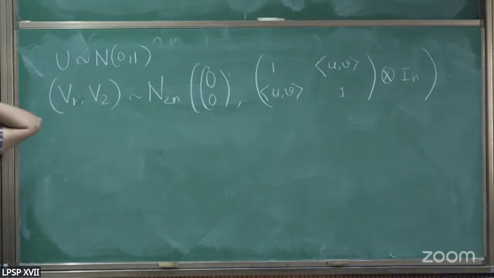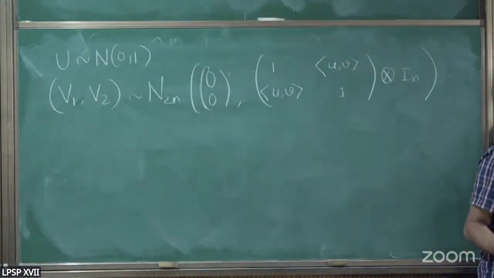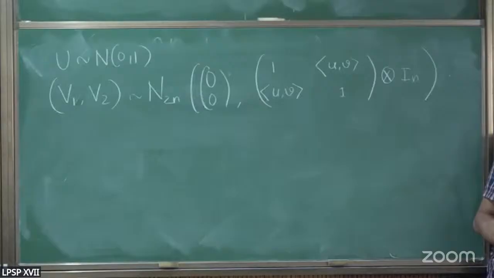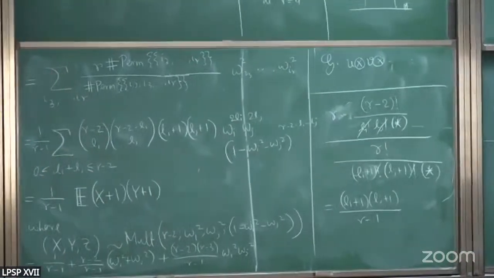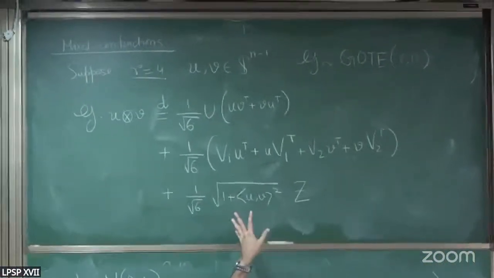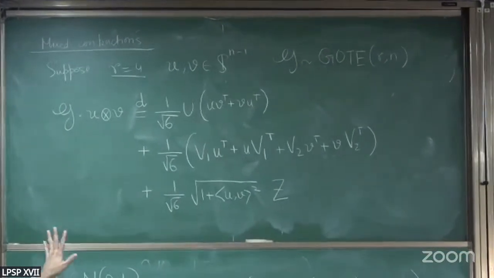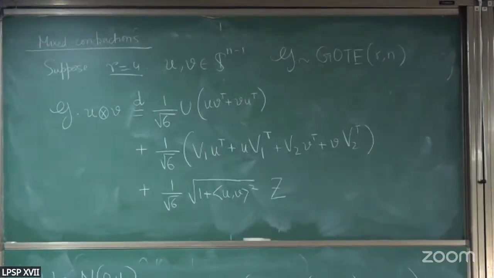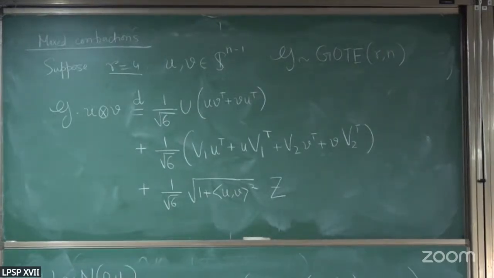And since we do not have any interpretation like before of these weights here as probabilities, multinomial probabilities, this is proved completely by brute force calculation. So it would be really nice if there is a nice explanation of this representation. And so how do you generalize it to general contractions?